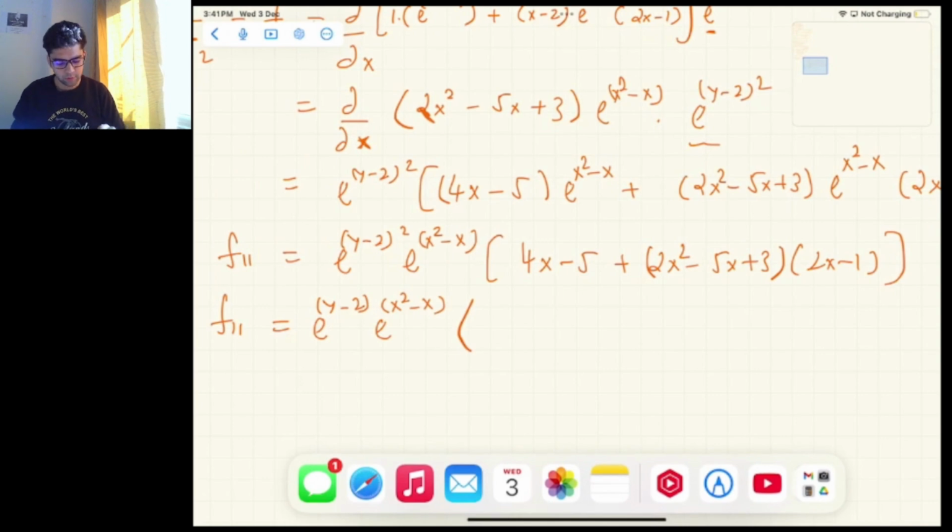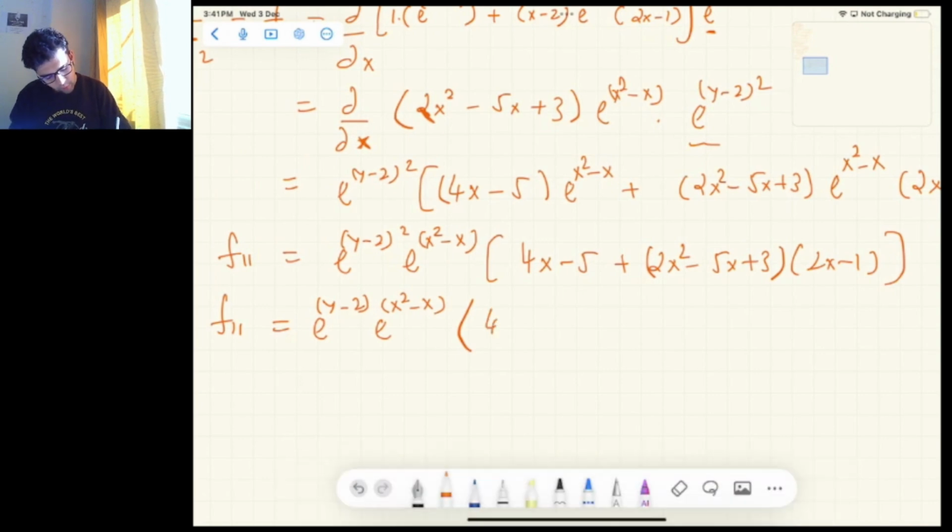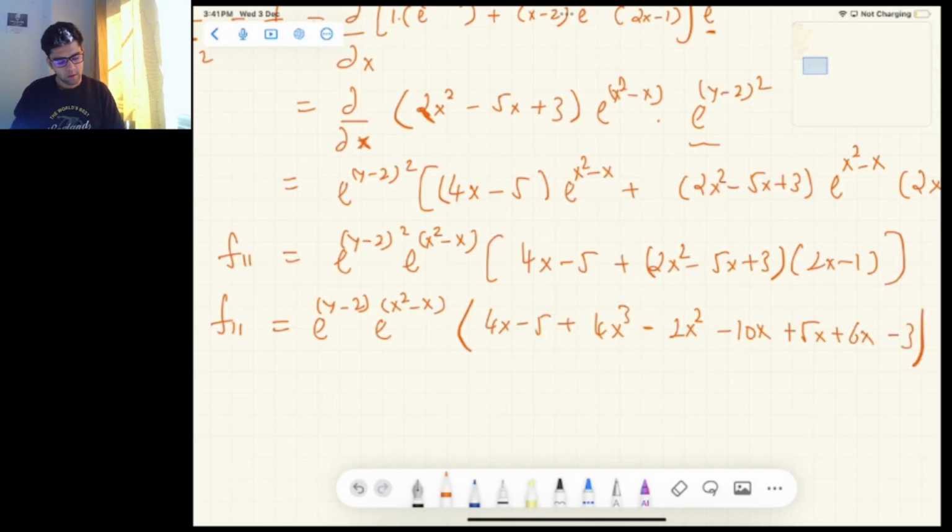So 4x minus 5 plus 4x cube minus 2x square minus 10x plus 5x plus 6x minus 3, right?